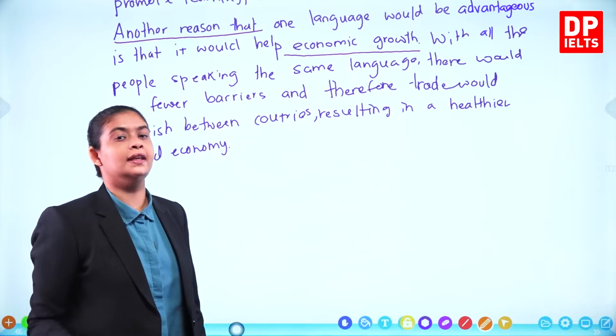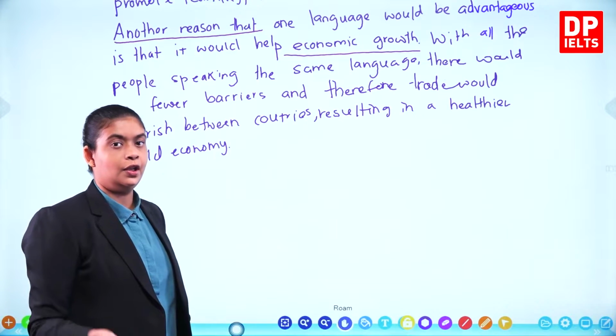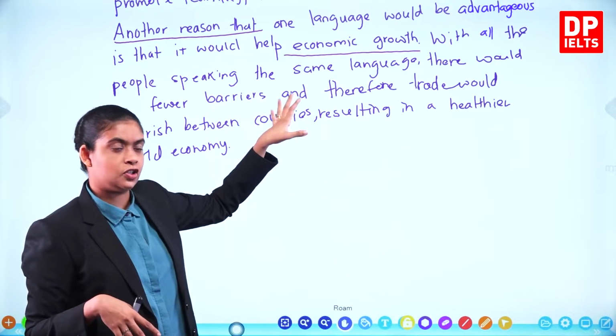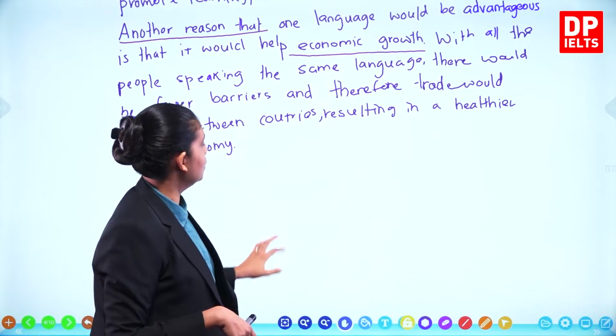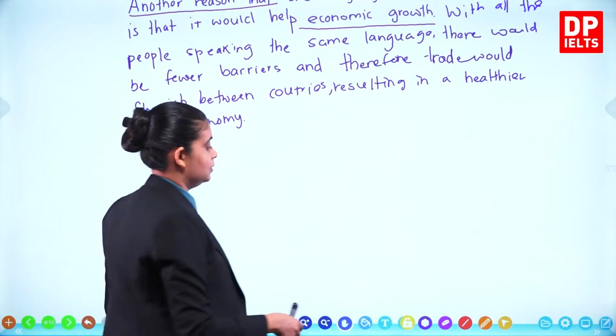Okay, so basically the second body para, now the first body para is what we wrote here, but before that was the introduction, then the first body para. The second body para that I'm going to write would focus on the disadvantages. All right, okay.